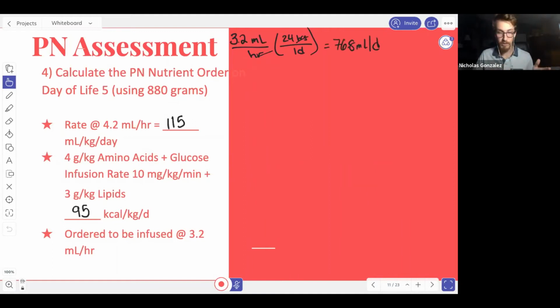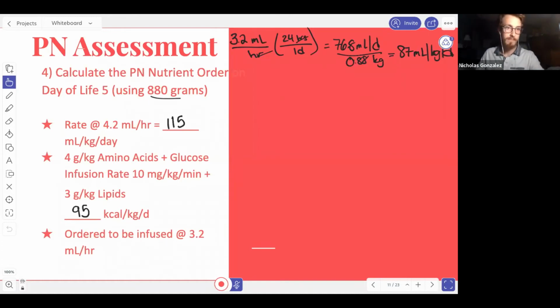But of course, we need it in milliliters per kilogram per day. So we're just going to divide that by the kilograms of this infant, which is 0.88, for a total of 87 milliliters per kilogram per day.